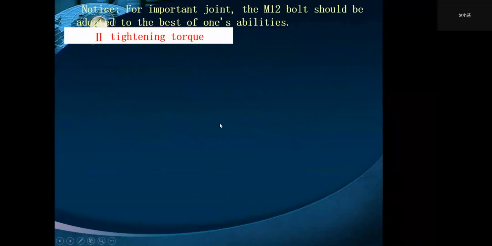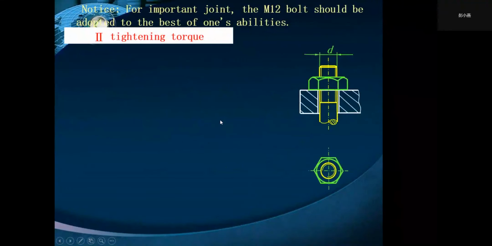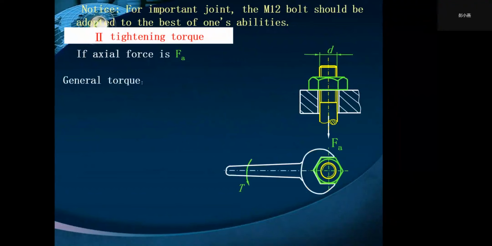And the required preload can be controlled by tightening torque T. T can be estimated by T is equal to T1 plus T2.